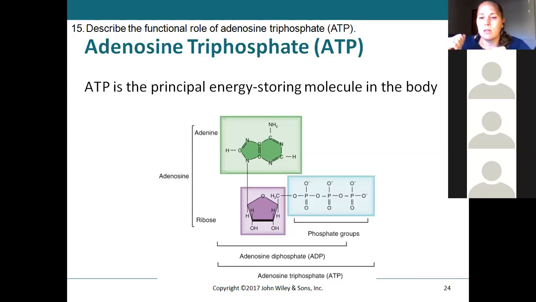You have 3 for your tri, if you have 2 phosphate groups then you have di, and if you have lost 2 phosphate groups and you only have 1 phosphate group hanging out, you have adenosine monophosphate. So tri, di, mono. Does that make sense?